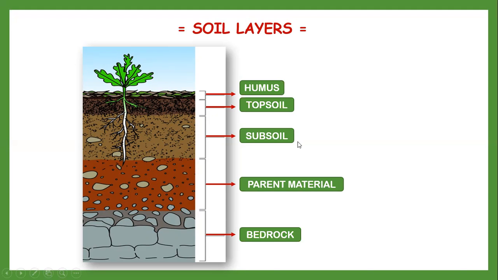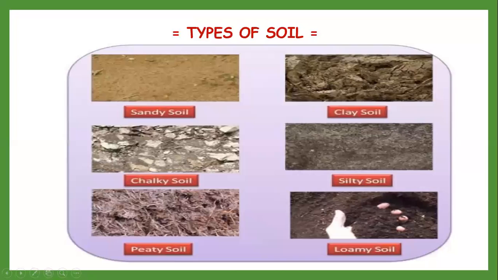Now let's continue learning about soil, class. Soil has types. These are the 6 types of soil. The first one is called sandy soil. The second one is called chalky soil. Third, it's peaty soil. Fourth, it is clay soil. Fifth, it is silty soil.